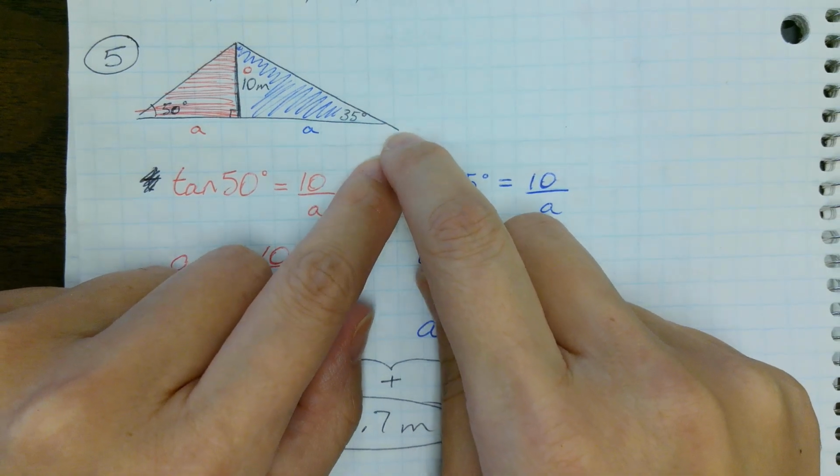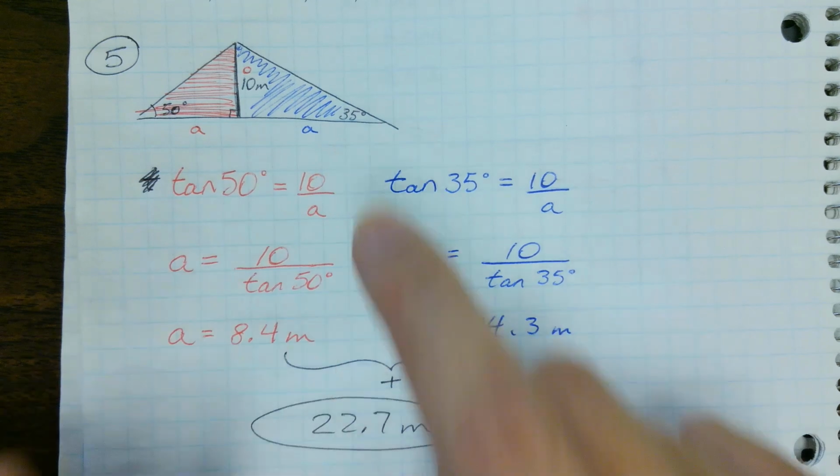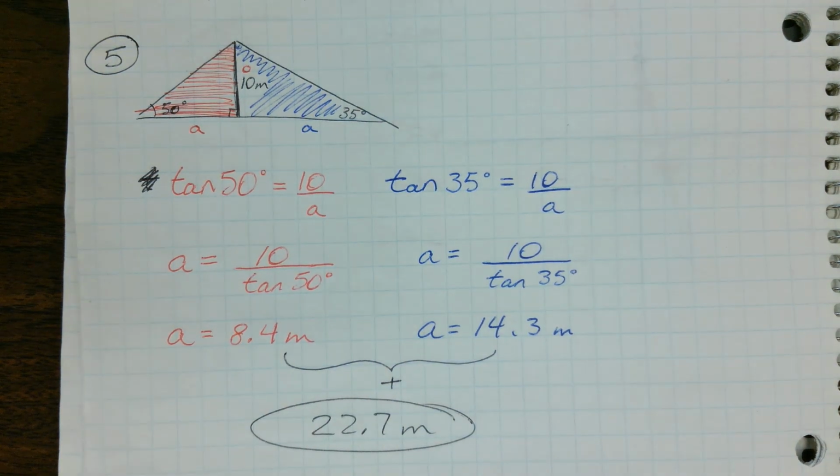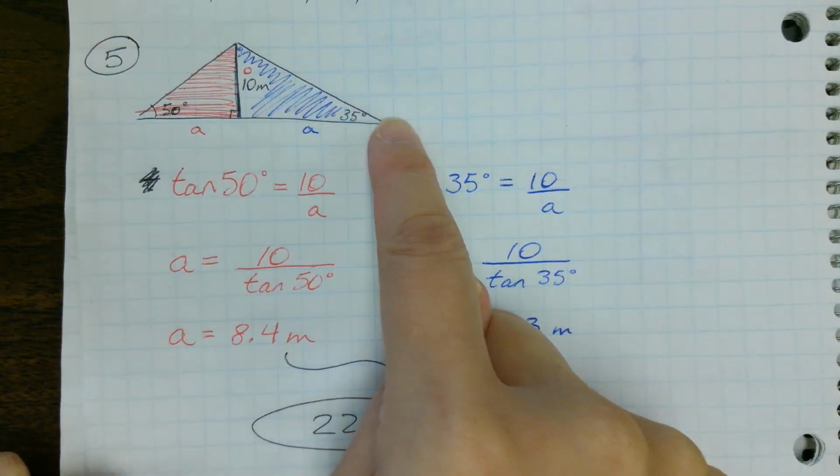On the other side, Sanchita is right here. Angle of elevation is 35. Now looking at this, how many triangles do you see in this diagram? 3, right? This red one, this blue one, and this big one.